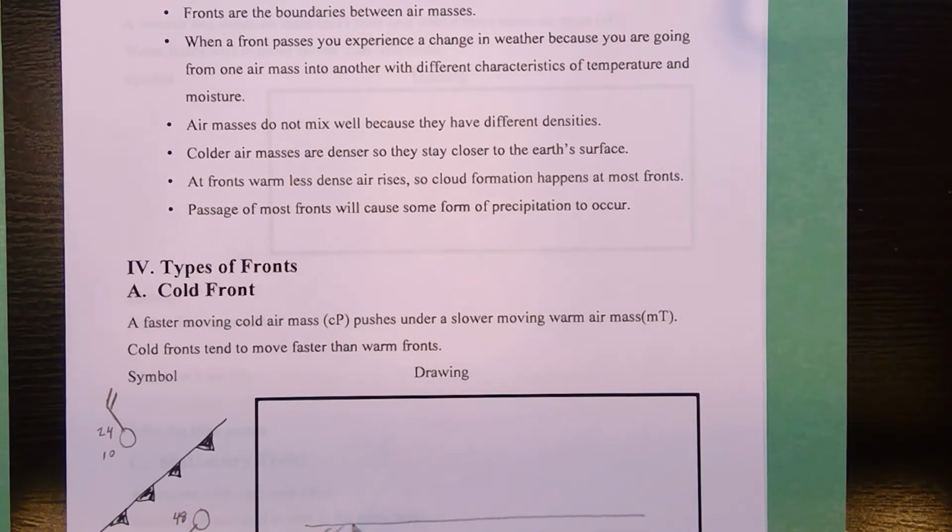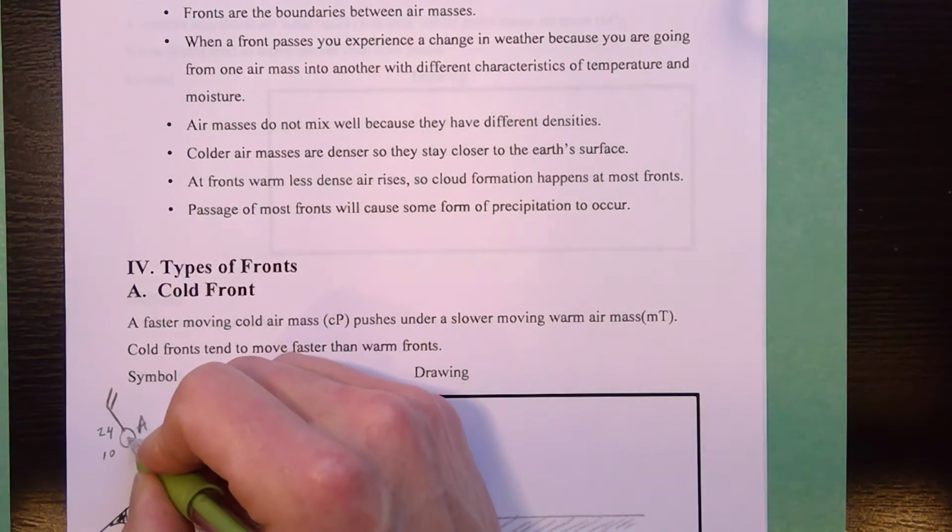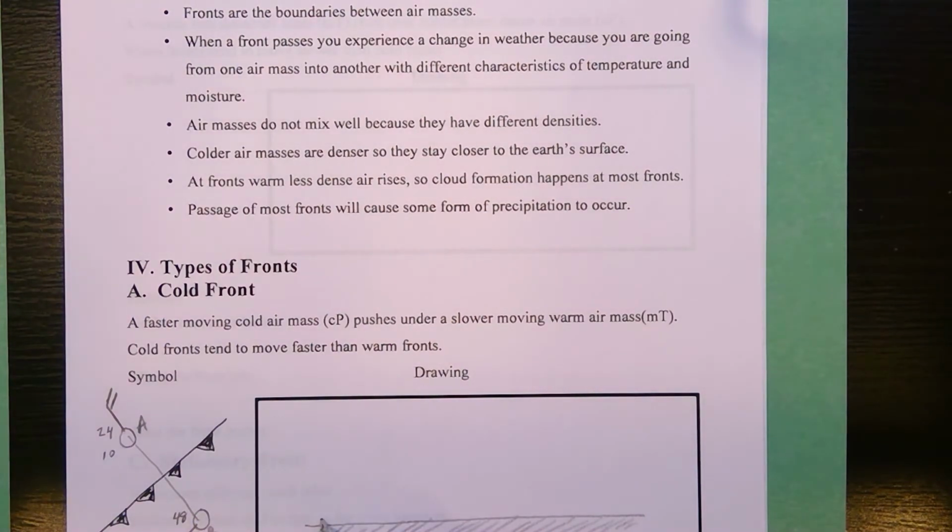A side view. All right, so that represents the Earth's surface. Let's call this City A and City B, and I'm drawing a line from City A to City B. Maybe they're separated by 100 miles.